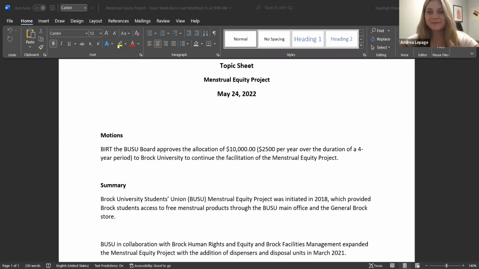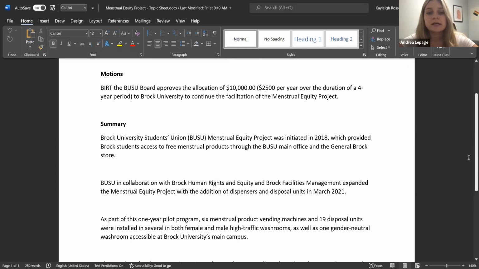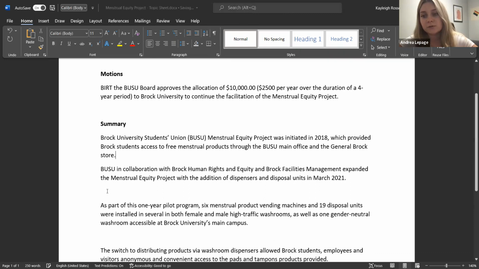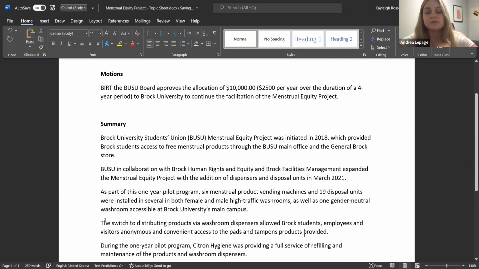Okay, I will try to make this brief because I know you all have a long night ahead of you. BUSU started a menstrual equity project in 2018. It was first started very small scale. We had menstrual products in the BUSU office.